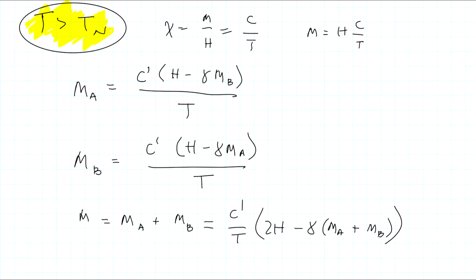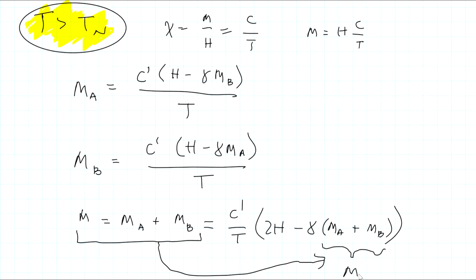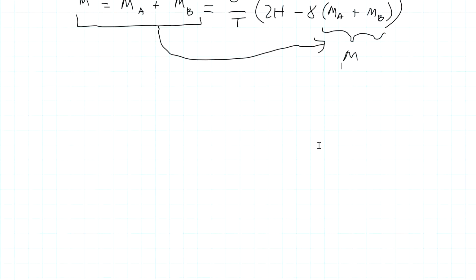All right. So now MA plus MB, this part here, this is this portion, right? So we can say that this is the total magnetization.